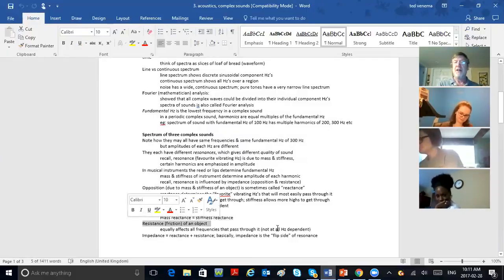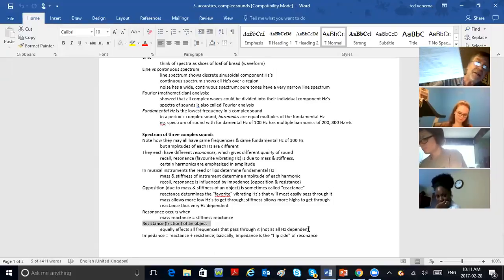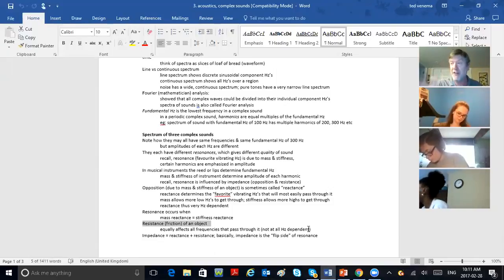Resistance. Now we're talking about the middle part of that little equation that I gave you here. Resistance is also offered by any object that carries sound. Like different sized wine glasses, tuning forks, anything that carries sound has reactance, opposition due to mass and stiffness, and resistance.